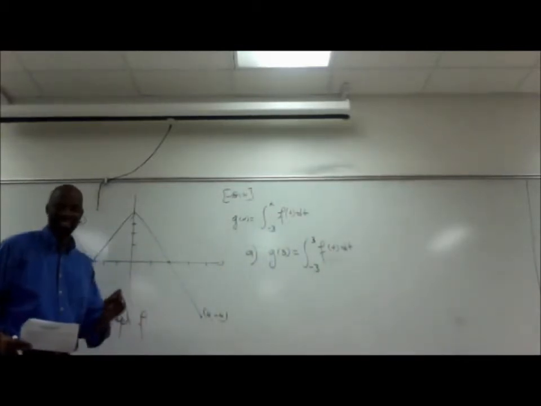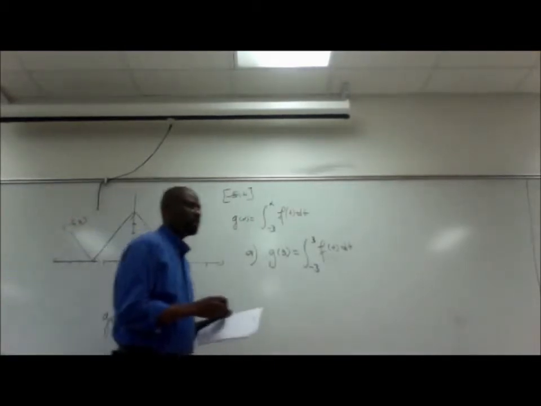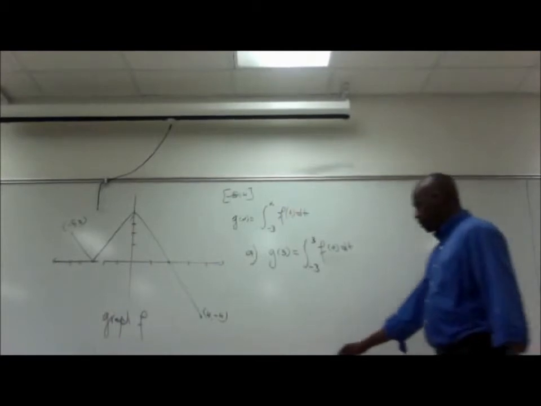It's only the x equal 3. Now you need to find the area under the curve from -3 to 3.